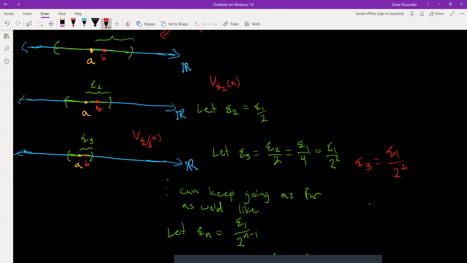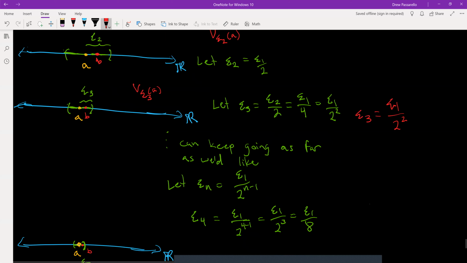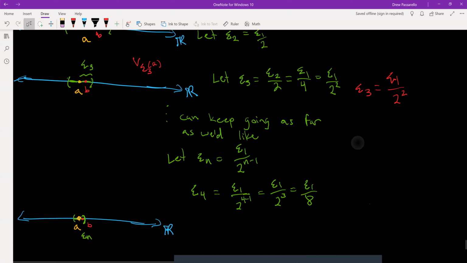And if you keep going on forever, the epsilon n neighborhood would be equal to epsilon 1 divided by 2 to the n minus 1. As an example, epsilon 4 is going to be equal to epsilon 1 divided by 2 to the 4 minus 1, which is 2 cubed. Epsilon 1 divided by 2 cubed, right? Because that keeps going by our pattern, which is epsilon over 8.